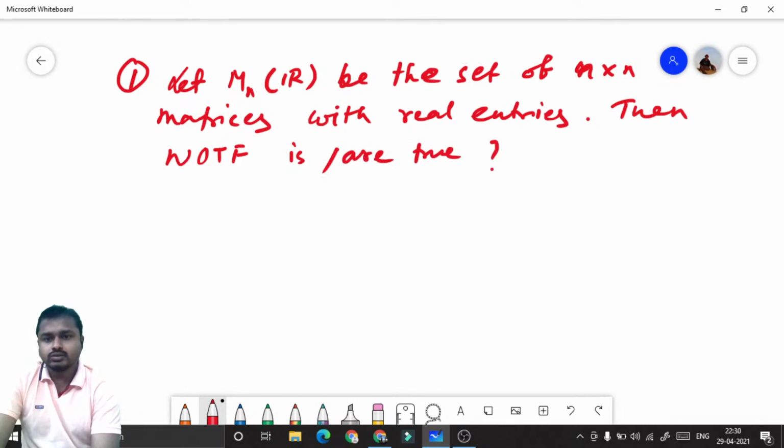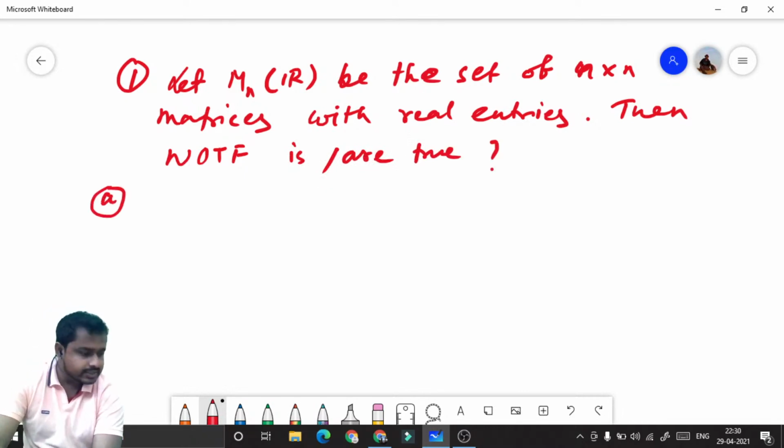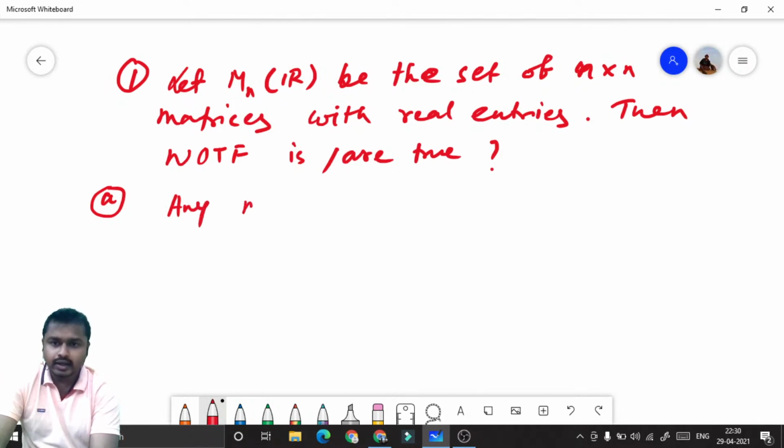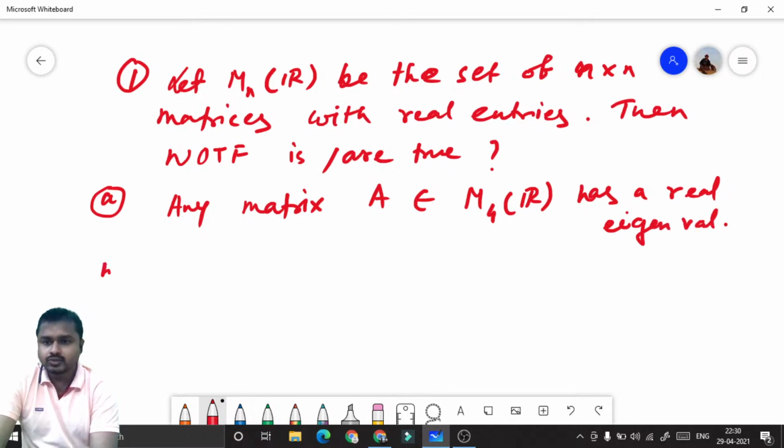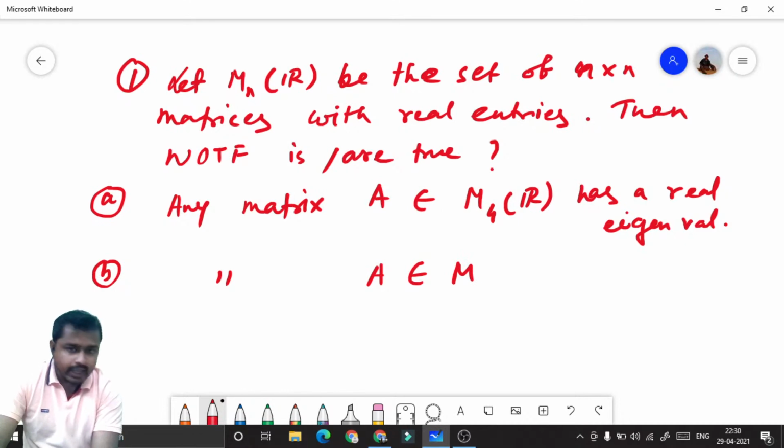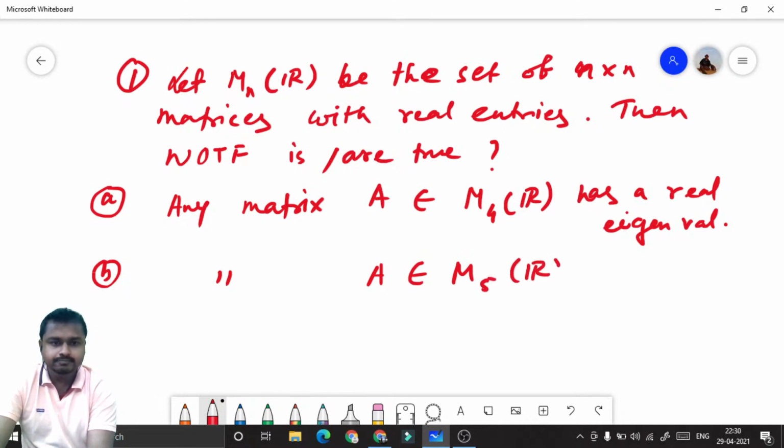Okay. So option number 1 says that any matrix A belonging to M4(R) has a real eigenvalue. Option B says that any matrix A belonging to M5(R) has a real eigenvalue.